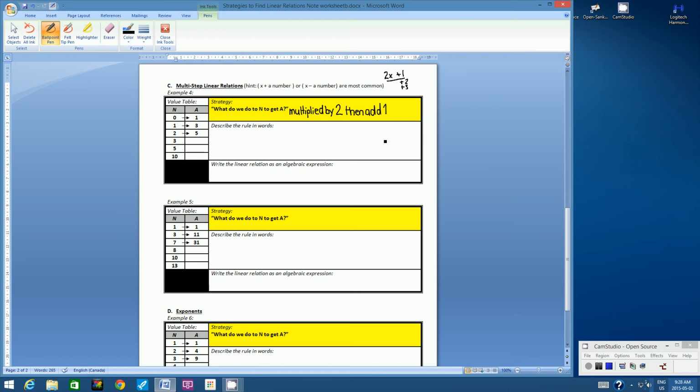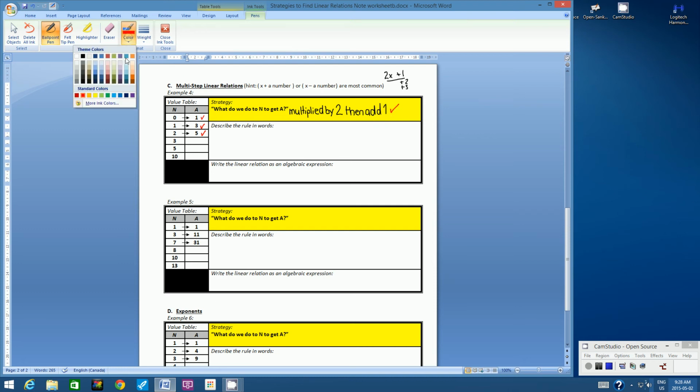I've already checked it, but it's important that we keep the same strategy going. So multiply by 2, then add 1. Let's check them. 0 times 2 is 0 plus 1 is 1. 1 times 2 is 2 plus 1 equals 3. 2 times 2 is 4 plus 1 equals 5. So we know that those 3 work for this strategy.